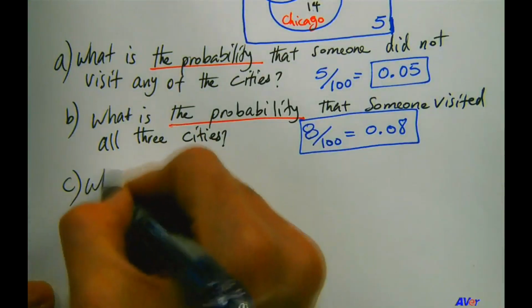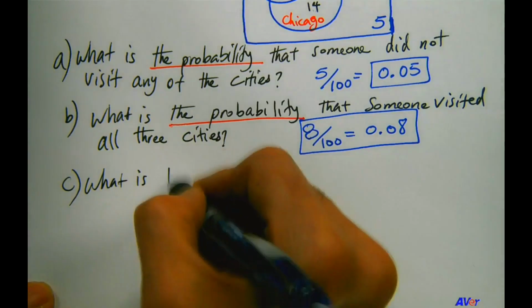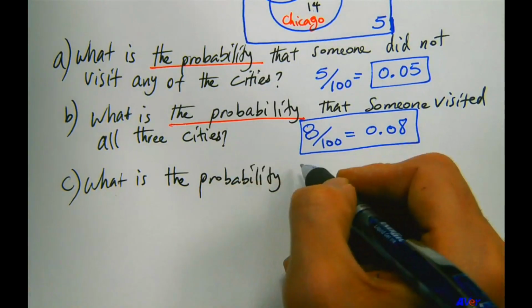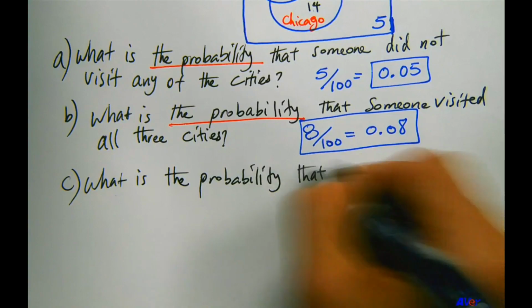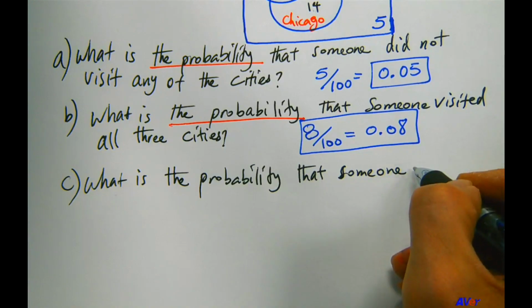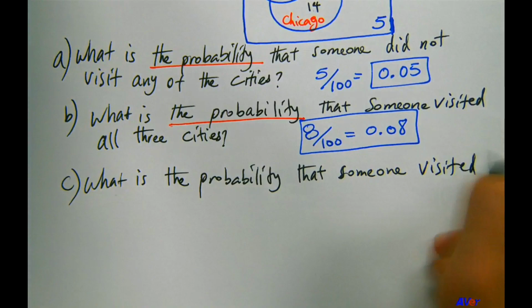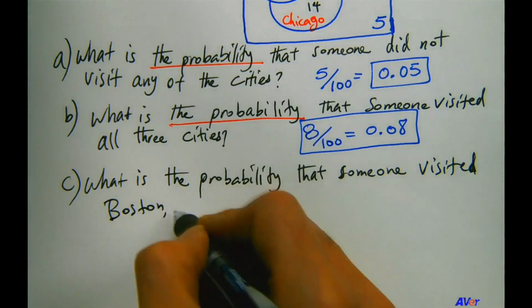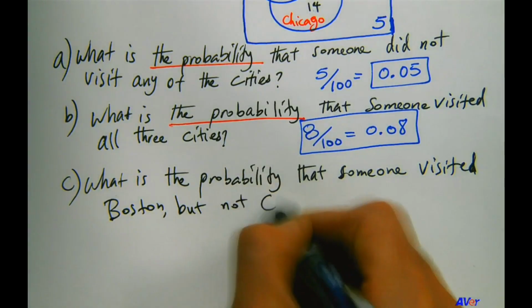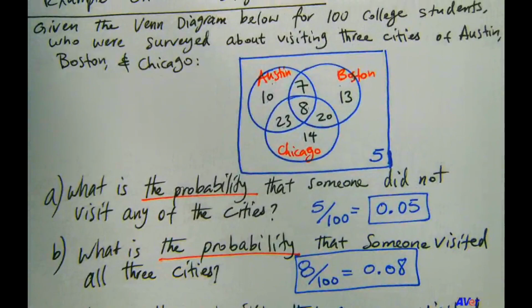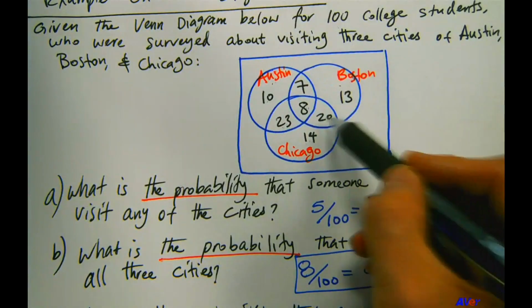Part C. We want to know the probability that someone visited Boston but not Chicago. Okay, Boston but not Chicago.